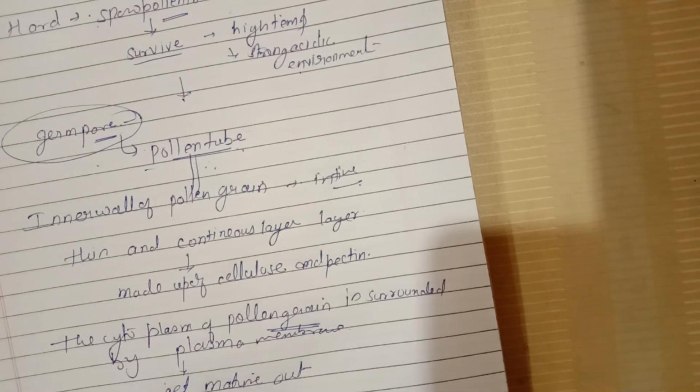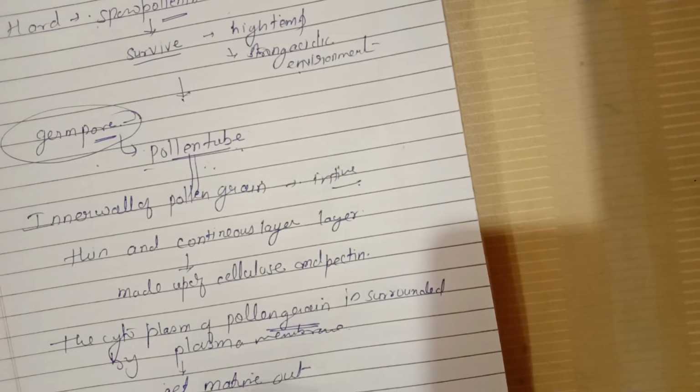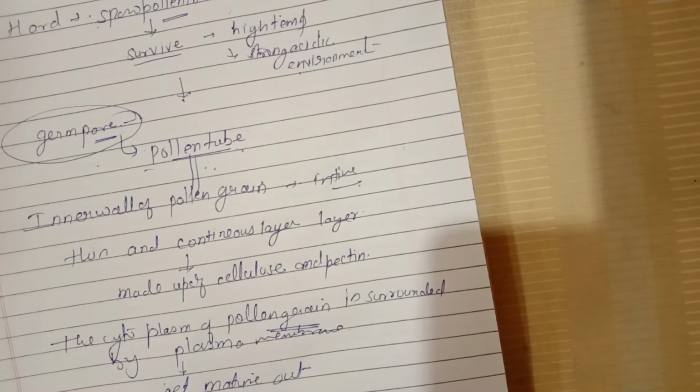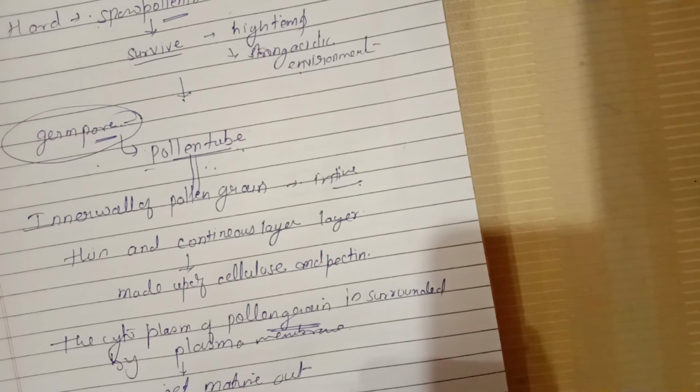First of all, we see the structure of the pollen grain. First of all, the microspore tetrad is formed like this. The four cells of the tetrad were there, and there will be the two layers. This is the nucleus. This is the exine, and this one will be the intine.